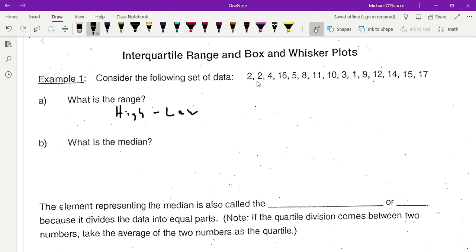So what's our lowest data here? 1. And what's our highest? 17? So that's our range. Now what's our median? What do we have to do for our median? Put them in order, find out what's in the middle.